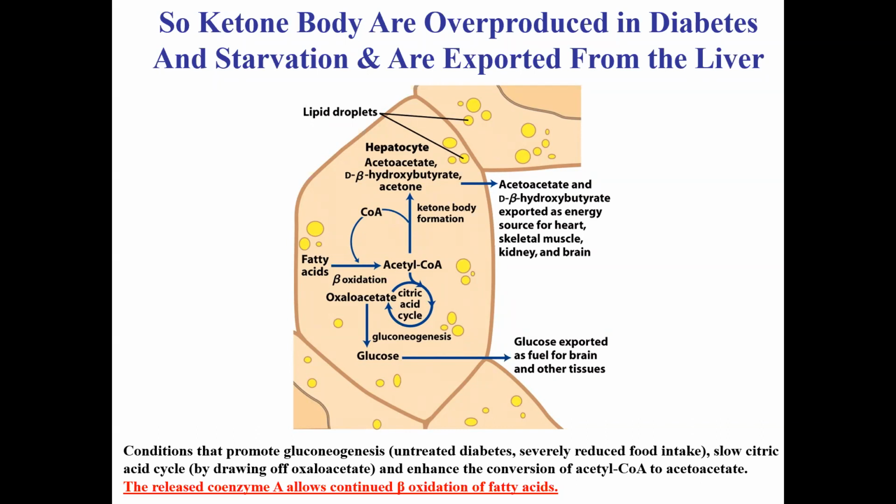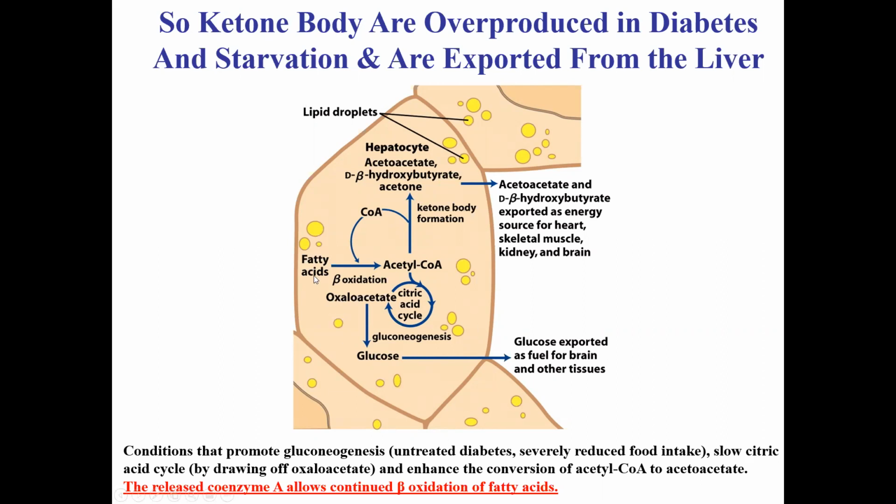Liver is also working very hard to carry out gluconeogenesis. So in the pool, oxaloacetate concentration is depleted. Oxaloacetate, so that's what is shown here. Look, left hand side is fatty acid, right? Lipid droplets, they are showing you in the yellow.